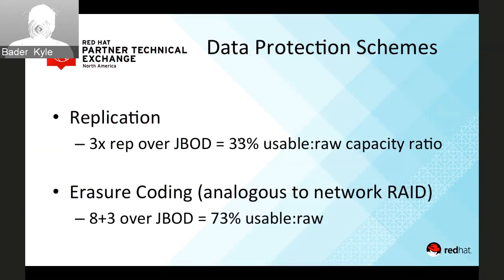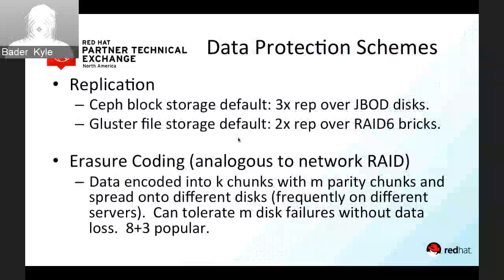Erasure coding, on the other hand, uses math to generate parity bits such that you take an object that would be written into the cluster, divide that into a number of chunks, and then also generate an additional number of parity chunks. Both of these can be configurable.